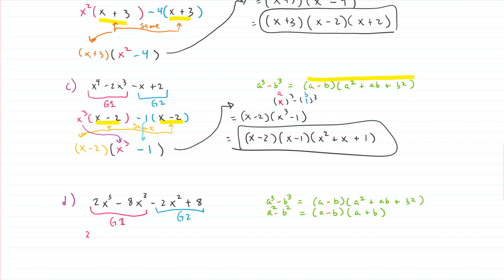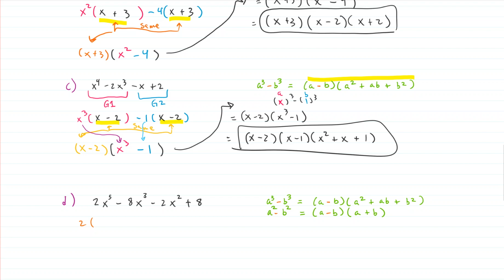Actually, you know what we should do? Before we do any of that, let's pull out a common factor here. There's a 2 here, right? Let's pull out a 2. You should always check to see if you can pull out a common factor from every term before you start to simplify things.